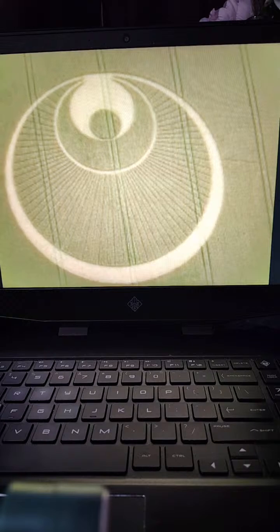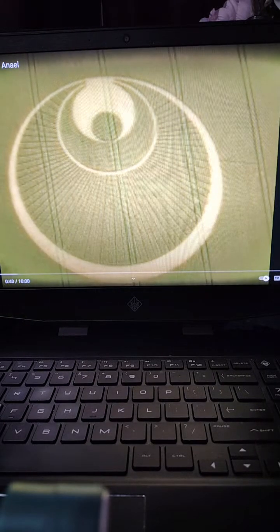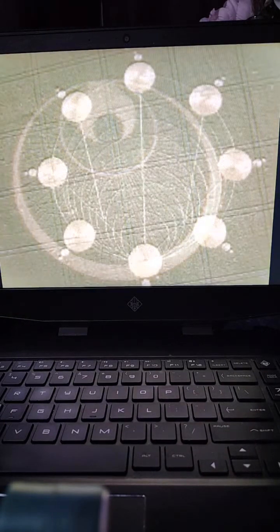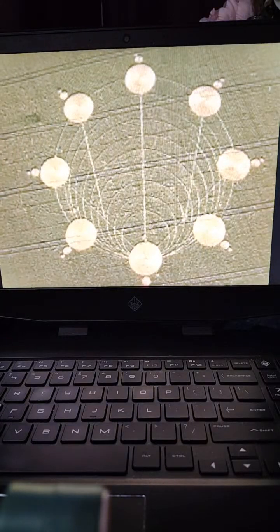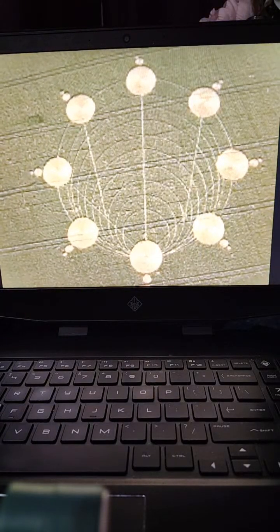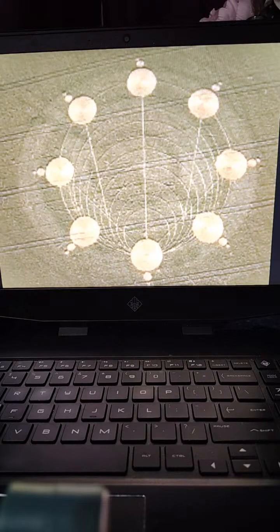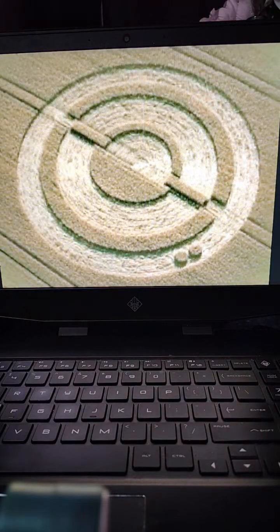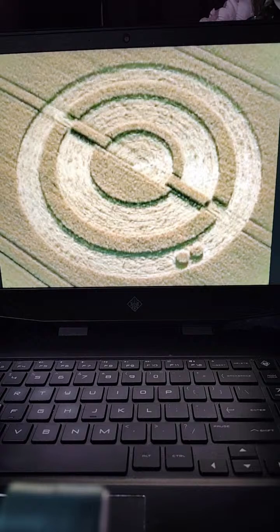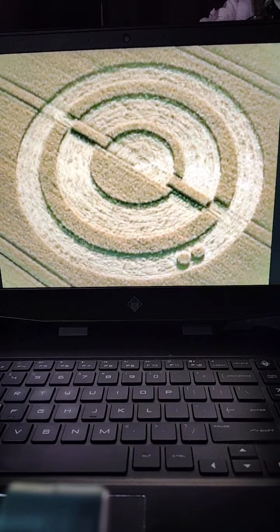Intend to get the knowledge that you're supposed to get from these ley lines and from these crop circles. Do you feel your third eye tingling right now?